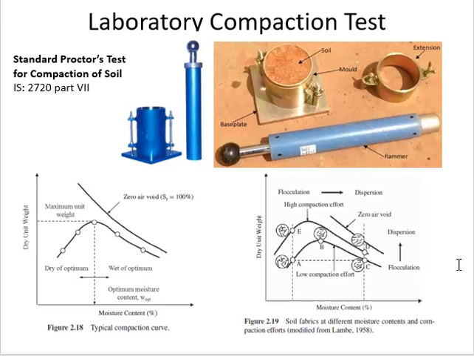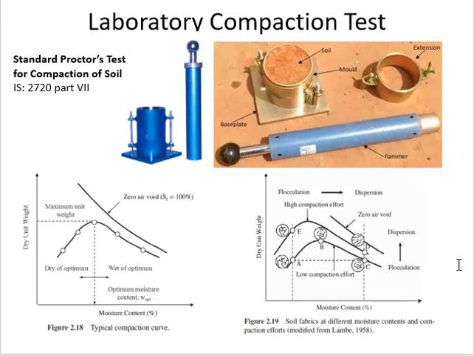Laboratory compaction test. To conduct the compaction test, the volume and weight of the mould are determined. The field soil is oven dried and mixed with the known percentage of water. This wet soil is placed in the mould in 3 layers, and each layer is compacted by giving 25 blows per layer with standard rammer.